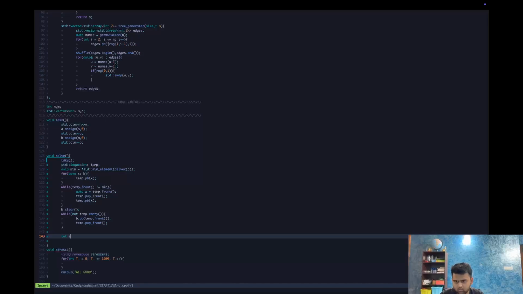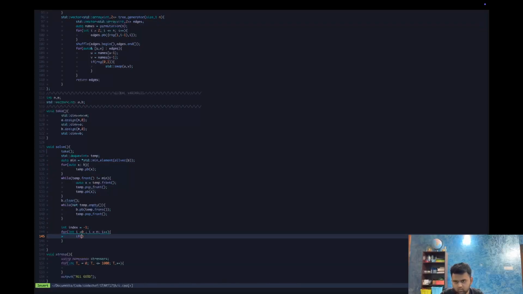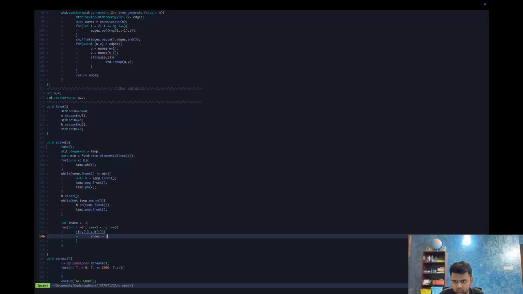Now int index is equal to -1, for int i equal to 0, i less than n, i plus plus. Actually, let me just check if i plus m minus 1 is less than n. So if v of i is greater than b of i, index is equal to i, break.